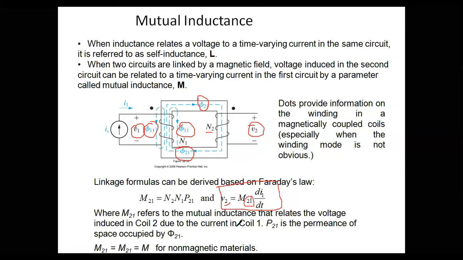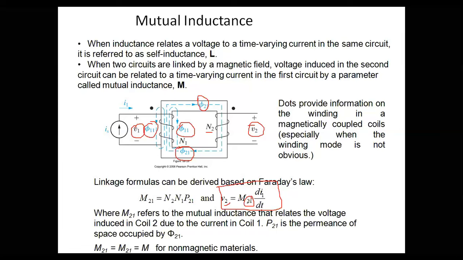The i1 is the current passing through the first inductor. To find V2, we are multiplying by this M21. M21 represents the mutual inductance in this second voltage due to the current in coil 1.